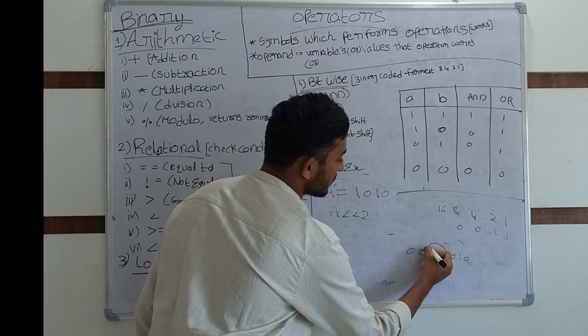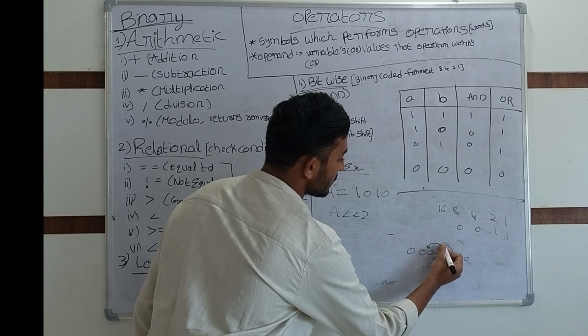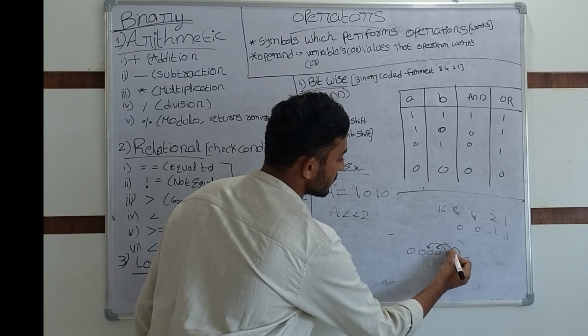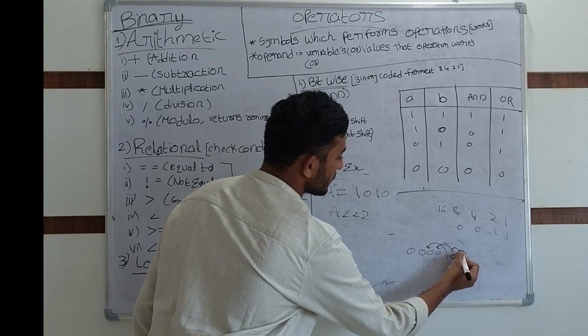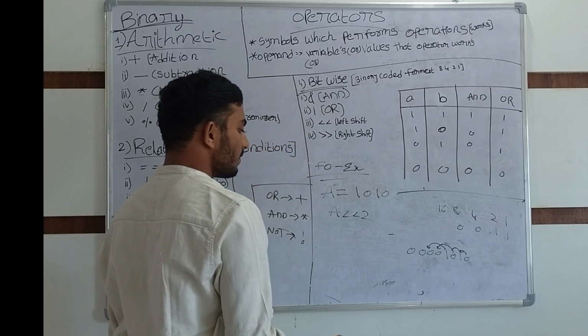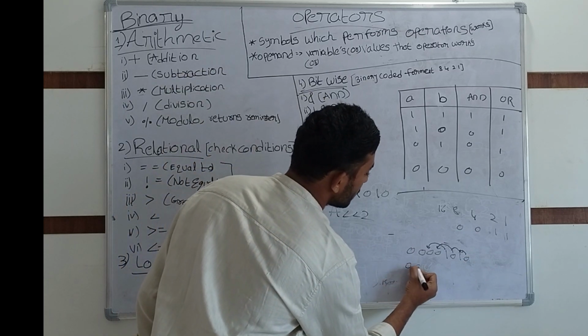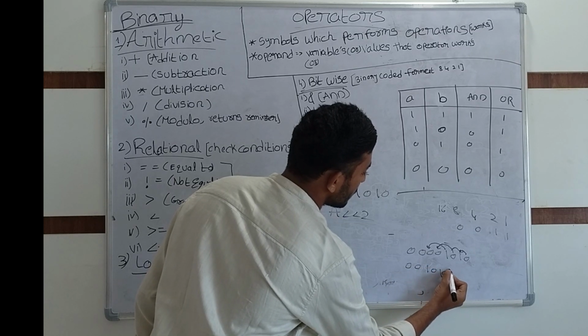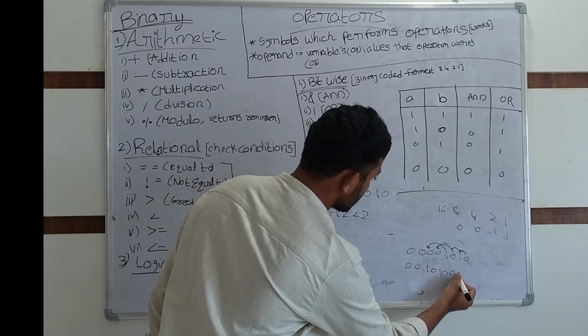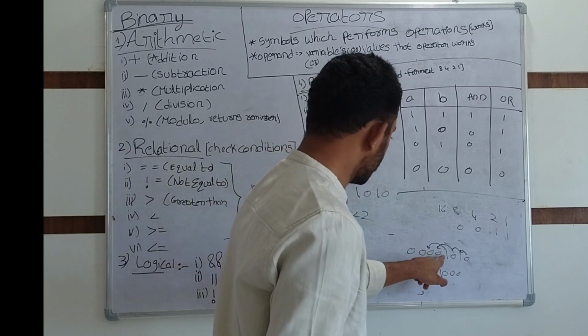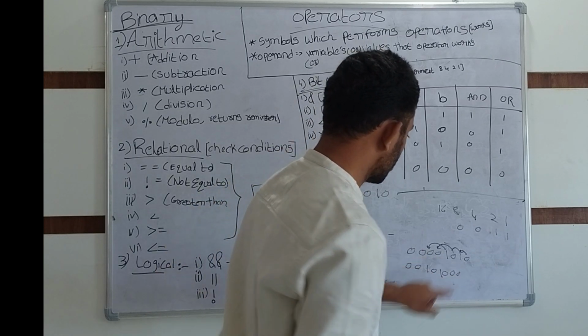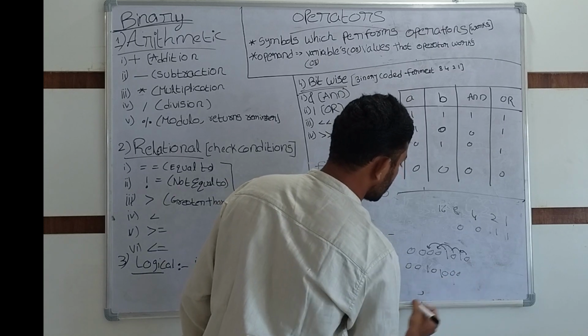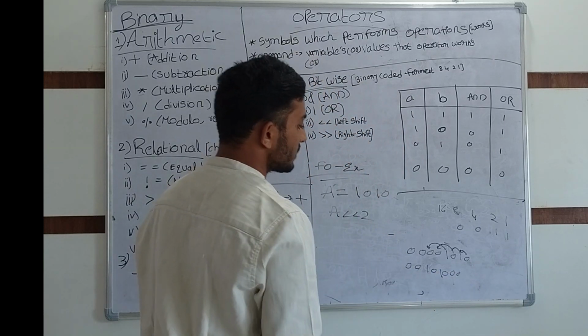This is shifting to here, this is shifting to here. Then what's the value? We get 1 0 1 0 1 0 0 0.